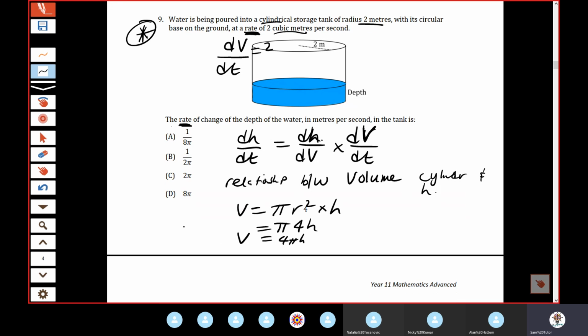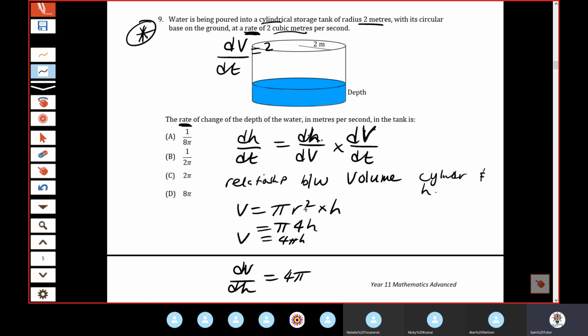So the derivative of this is dV on dh, which equals 4 pi. Right? Pi is just a number. 4 is just a number. H is your variable. So when you're differentiating h, you get rid of it and you're left with 4 pi.